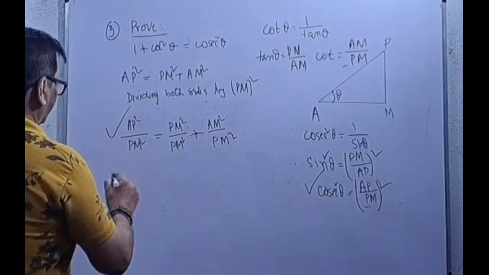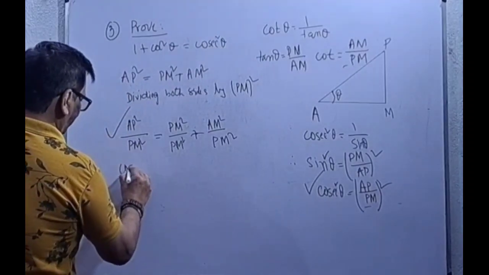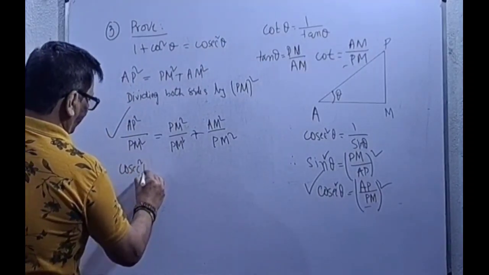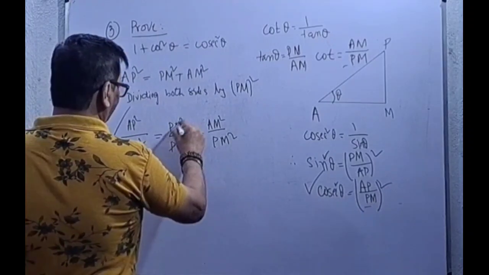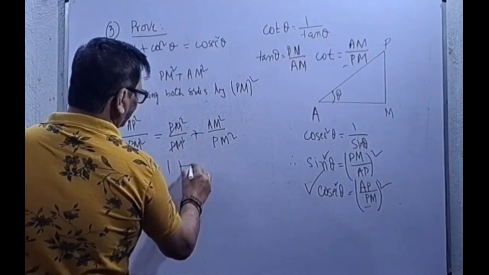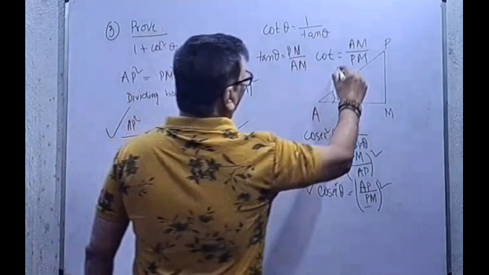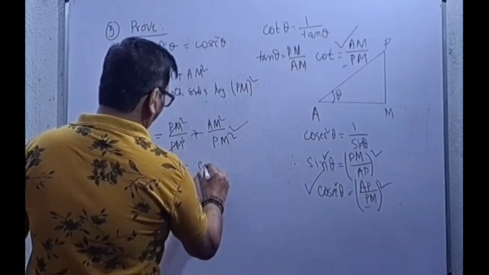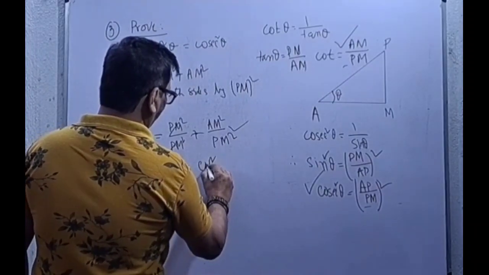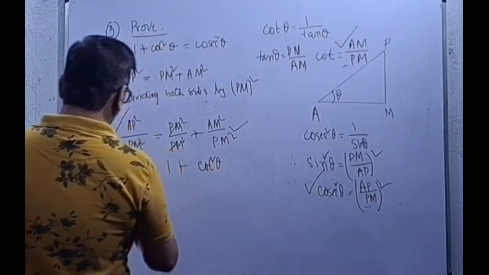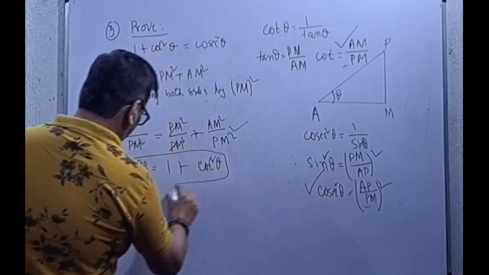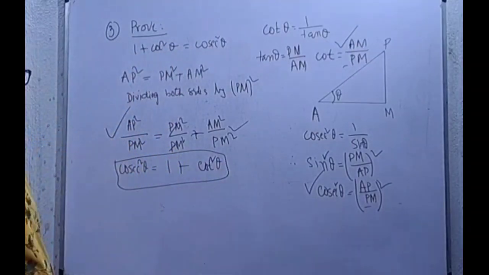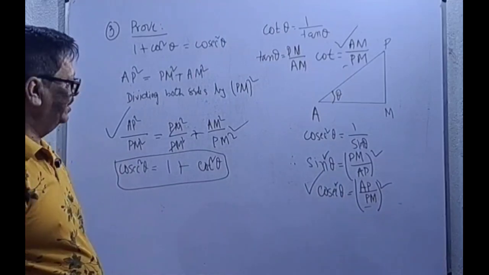So cosec² theta is equal to this, PM square by PM square cancels out to 1 plus, and look at this and this. Right? So cot² theta. So that proves our third problem, right?